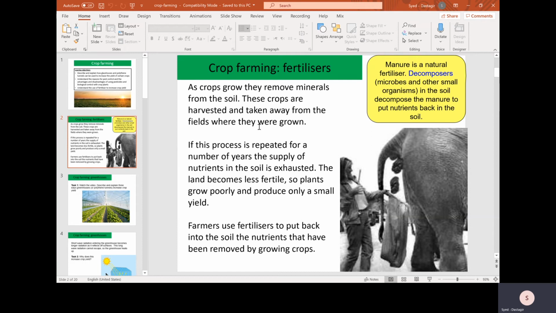If you imagine now you're planting vegetables, you keep removing them, you disrupt the soil and in turn disrupt the amount of minerals. The land becomes less fertile, so plants grow poorly and produce only a small yield. So this is a problem if you're a farmer.